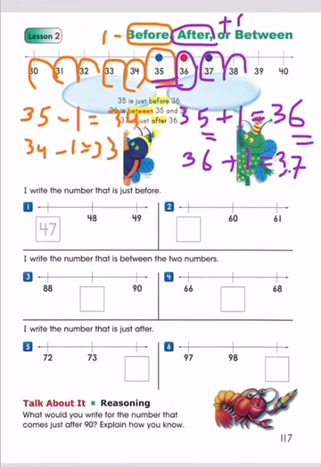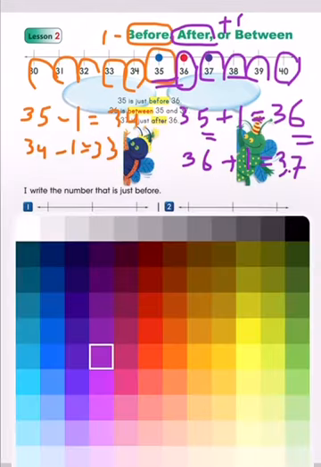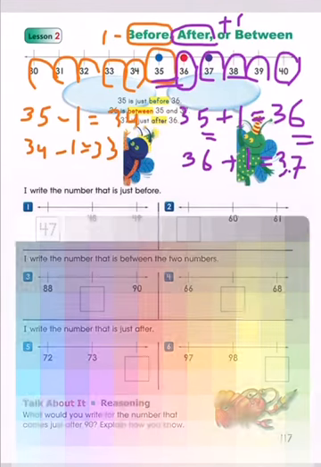Like this, we just add 1. One number after 38 is 39, and one number after 39 is 40. We just plus 1. It's about before and after.